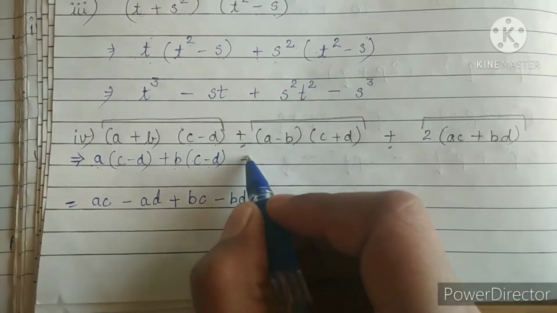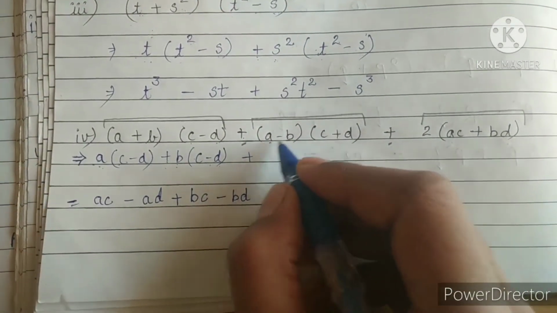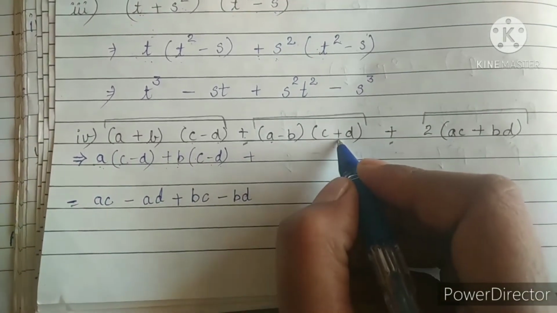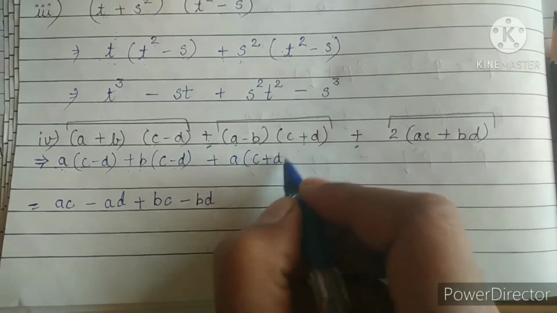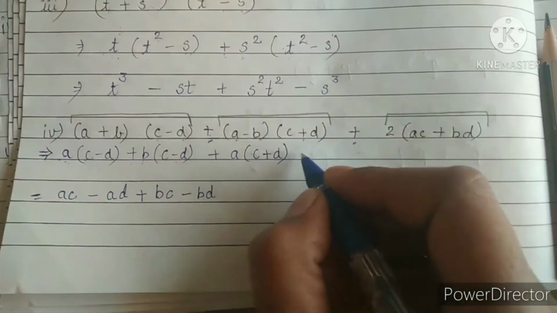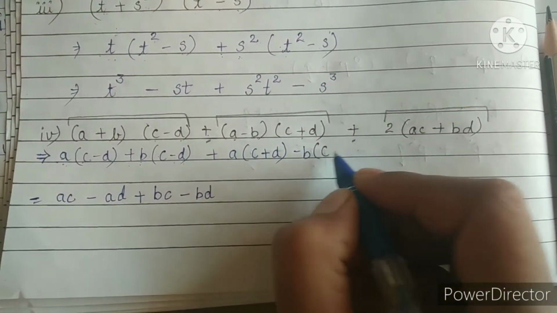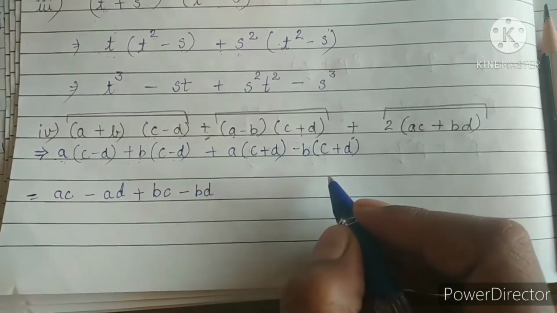Okay, so plus as it is, a and minus b will multiply in the second one. So a multiply by c plus d, minus b multiply by c plus d.